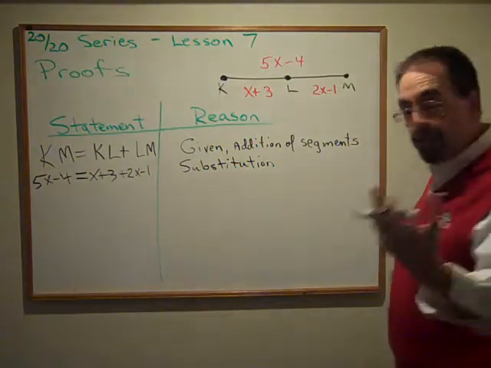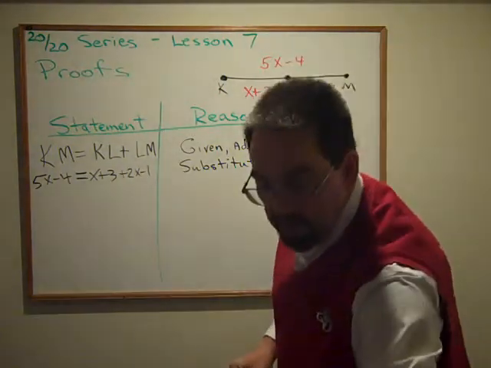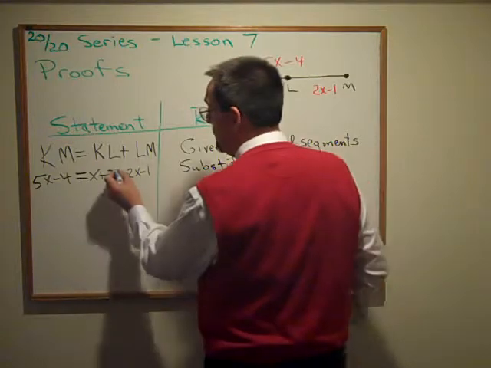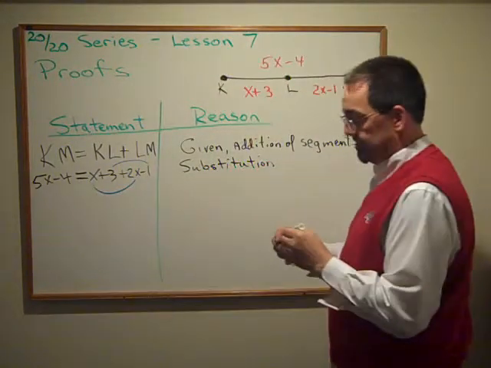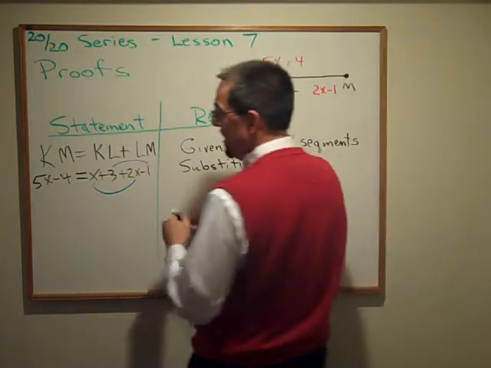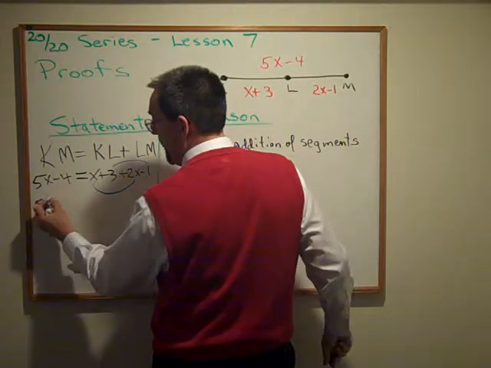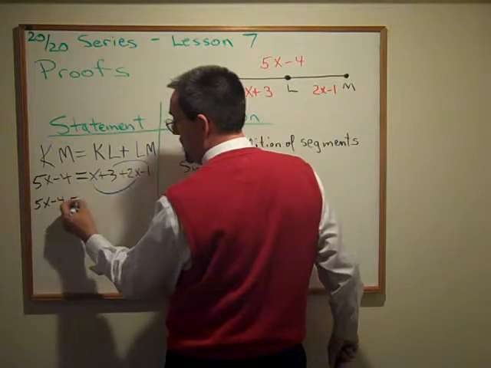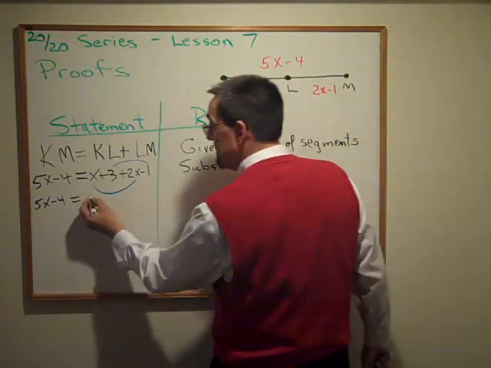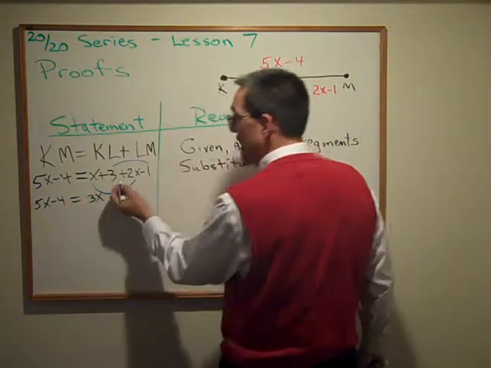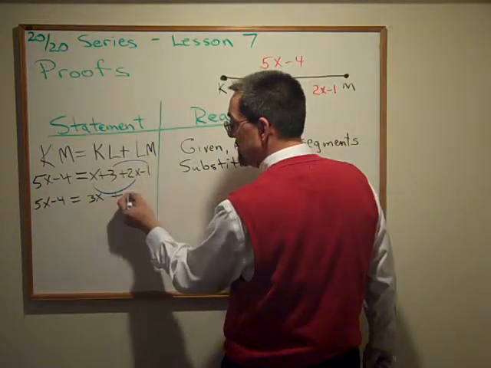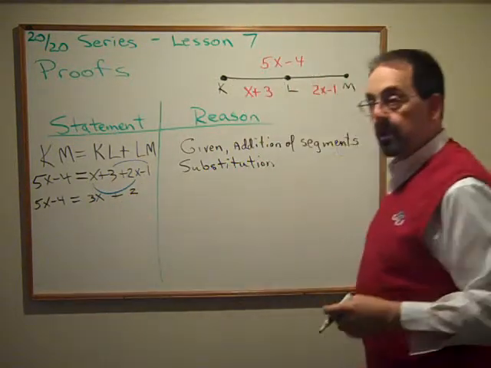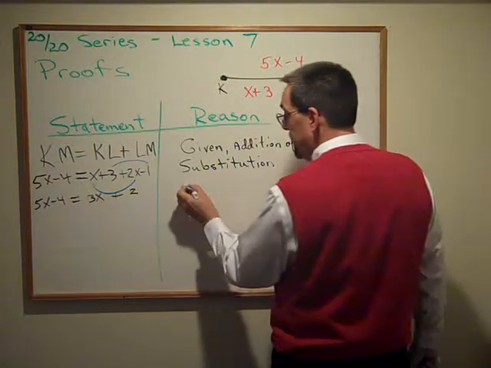Now, let's do that algebra piece, where we actually combine like terms, the numbers and the variables, giving us 5x minus 4, x plus 2x gives us the 3x, and then the 3 minus 1 gives us a plus 2. Adding like terms, good.